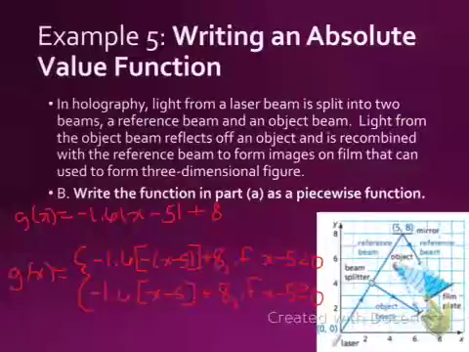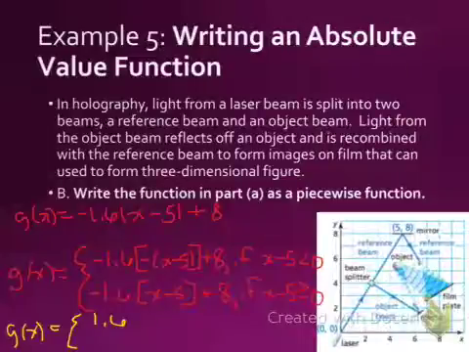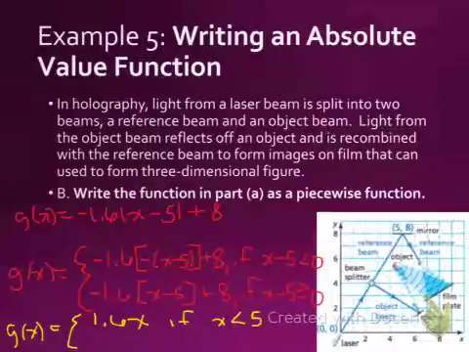If we simplified this, we could have g of x. Hopefully I can fit this on here. We just simplify, distribute, and combine like terms, it would be 1.6x if x is less than 5, or it would be negative 1.6x plus 16.